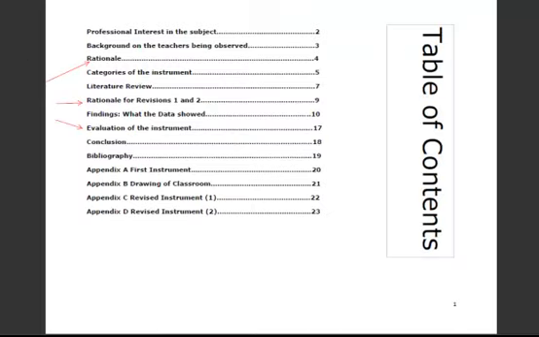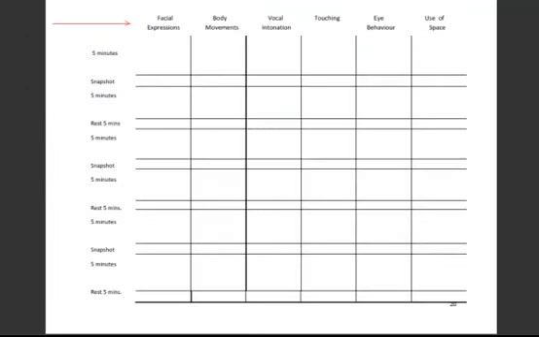Okay, let me show you what my instrument looked like. They really vary. Different teachers have different ways of doing it. So as you remember, my topic is body language. So along the top there are different forms of body language, and along the left hand side there is time. So you have 5 minutes, then I would take a break and take some photos.